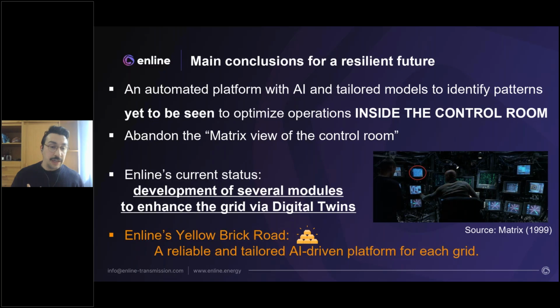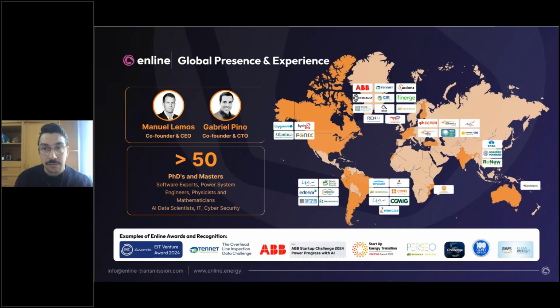And our yellow brick road for the future would be now to manipulate these models for a tailored grid and add this complex, yet to be seen AI that will sense the weather, the thermal behavior of the grid, and the electrical behavior of the grid, and will give valuable outputs for the operator.